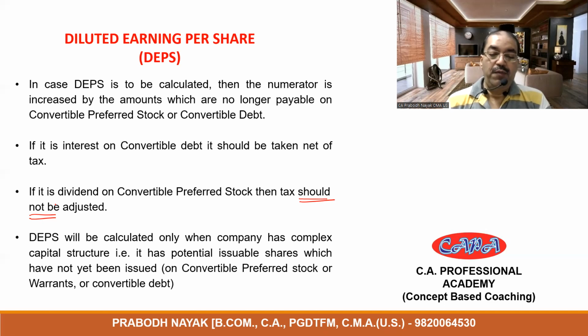Diluted earning per share will be calculated only when the company has a complex capital structure. MCQs, important, complex capital structure. That is, it has potential issuable shares, potentially convertible in future, which have not yet been issued, on convertible preferred stock or warrants or convertible debt.